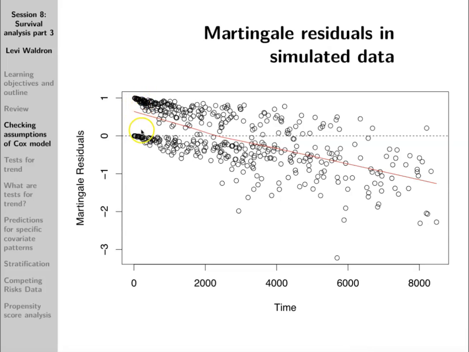We have the two sets based on this categorical variable, for its reference value and its other value, and you see this gradual decrease in the martingale residuals over time. So I don't know, for this reason, I'm not going to ask you to do the martingale residuals, and I don't even do them again in the lab for this session.